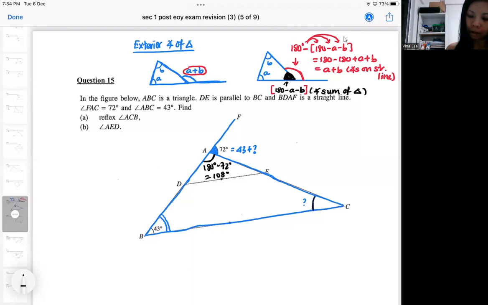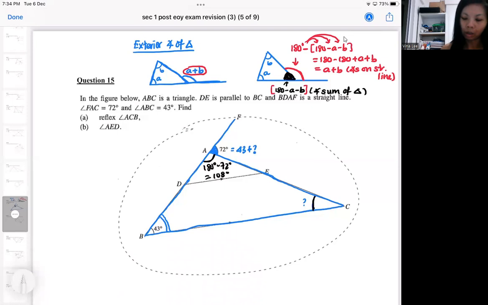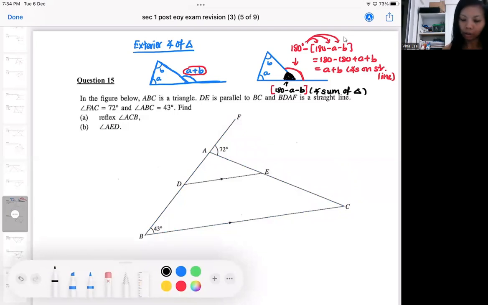And then I can find this angle using angle sum of triangle. So either you use exterior angle or you can use angle sum of triangle followed by angles on the straight line. Okay, so the answer sheet for this question, I think they use the exterior angle to explain. So I'm going to be using the angle sum of triangle and angles on the straight line.